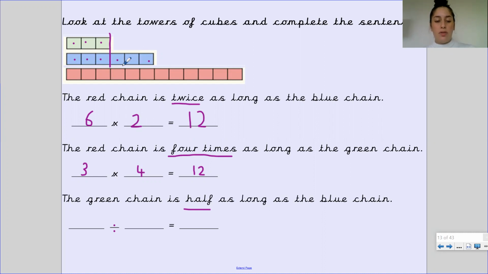And based on your knowledge of division, you should remember that you always start with the largest number. So 6 would be my largest number, and I've split it into 2 equal groups, and that represents the green chain. So 6 divided by 2, because I've cut it in half, equals, how many parts are there to the green chain? 3. So 6 divided by 2 equals 3.